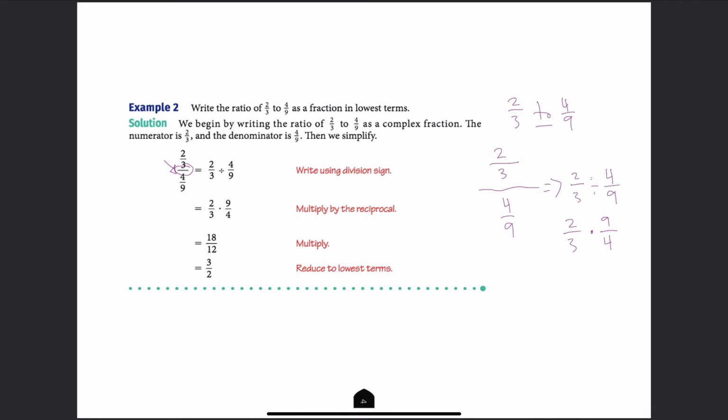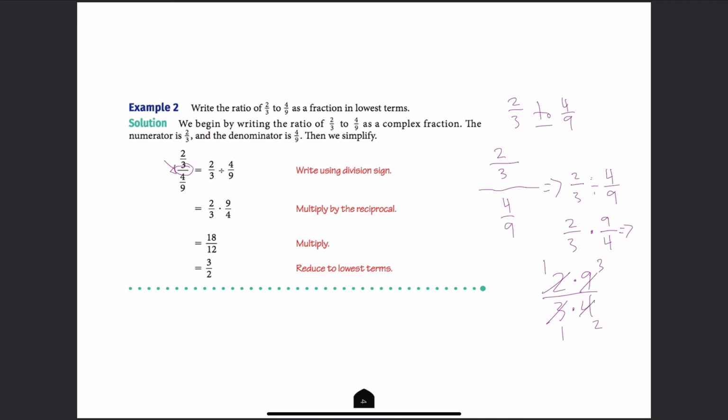So now I could multiply straight across, or I could reduce. And I recognize here that I have some common factors, top and bottom. So when I go to multiply here, I'll have 2 times 9 over 3 times 4. And so I can see here, 3 goes into 3 once and into 9 3 times. 2 goes into 2 once and into 4 2 times.